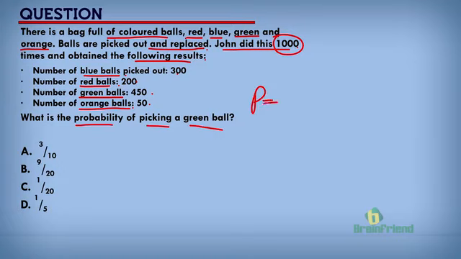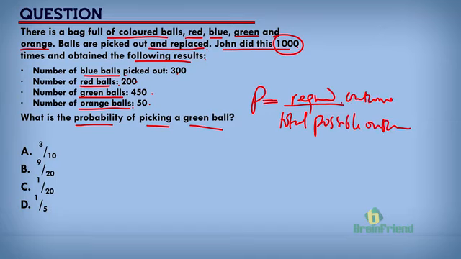Probability, again, we said, is number of required outcomes all over number of total possible outcomes. Okay, so what's the required outcome? Green balls. The green balls were picked how many times? 450 times.